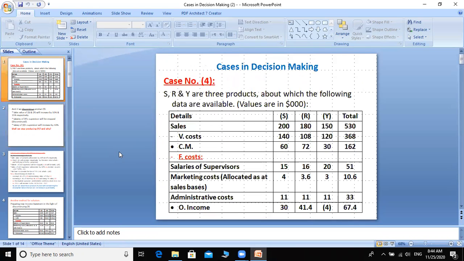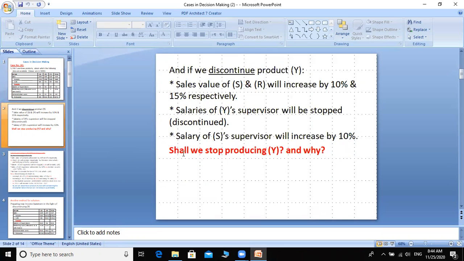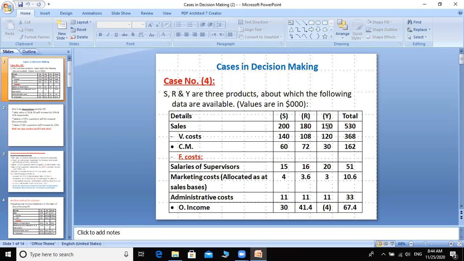So if discontinuing Y because it has a loss, there is an increase in S sales value of 10% and in R sales value of 15%, as he told me. Also, the salary of Y's supervisor will be discontinued. As we will stop product Y, the supervisor salary, that is 20, will be stopped. We will not pay.